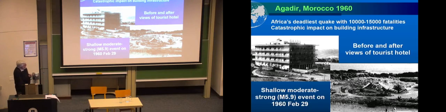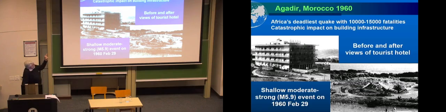This is Africa's, in the last century, and even up to now, Africa's most disastrous earthquake. I forget what proportion of the town 10 to 15,000 fatalities is. It was only a fairly small town, a tourist town in Morocco, a coastal resort at that time.